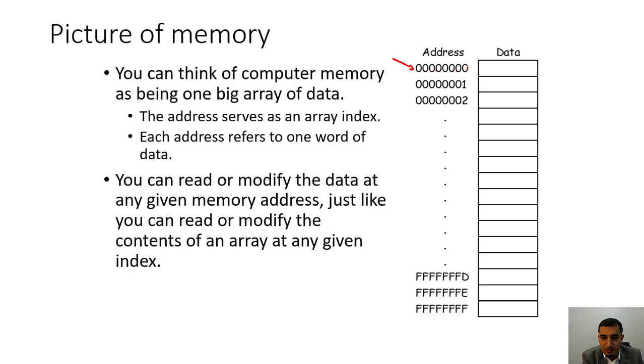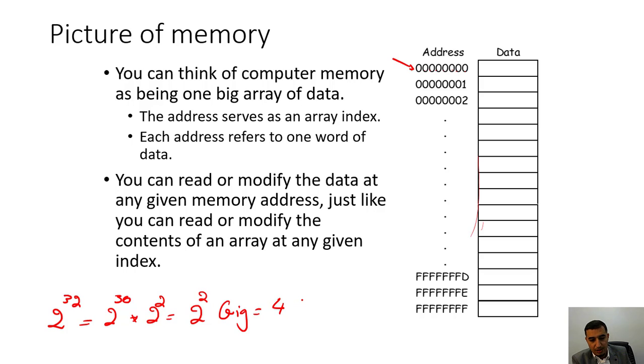Each hex digit is 4 bits, 4 multiplied by 8 is 32, and 2 to the power 32 is the size of your memory. Of course 2 to the power 32 is 4 gigabytes of memory. Remember, 2 to the power 32 is equal to 2 to the power 30 multiplied by 2 to the power 2, which is 4 giga, or 4 gigabytes of memory.